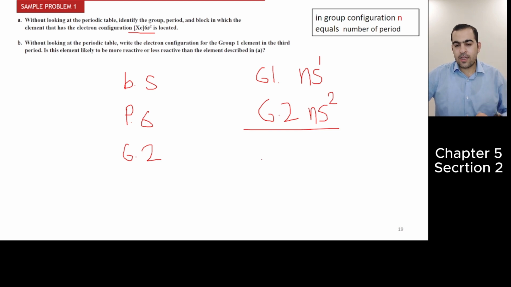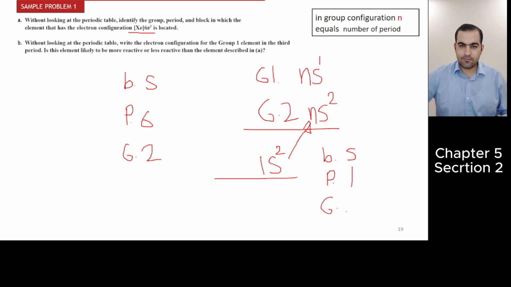If I ask in the exam 1s2, this element is in which block? You directly say this element is in s. And for the period, the number before the last s, period 1. What about the group? This looks like the group 2 configuration, so it's in group 2, right?